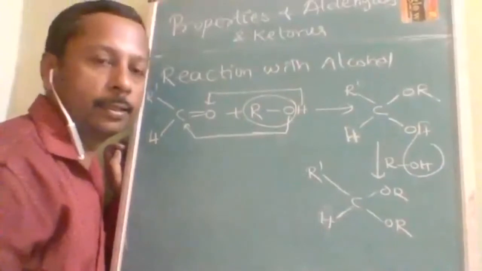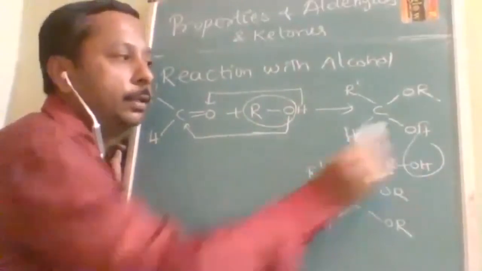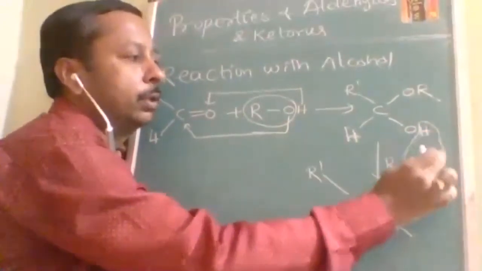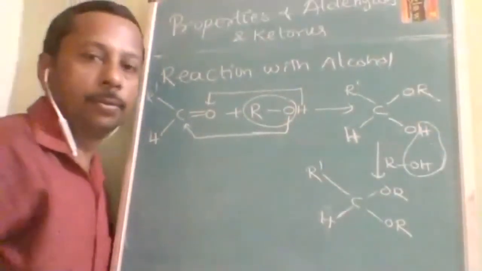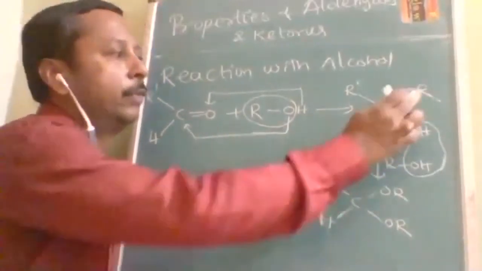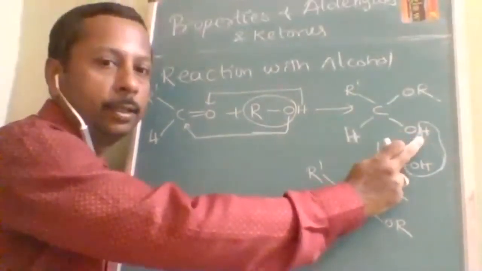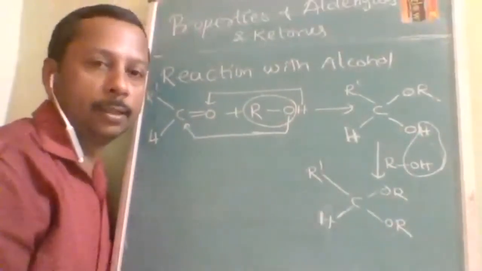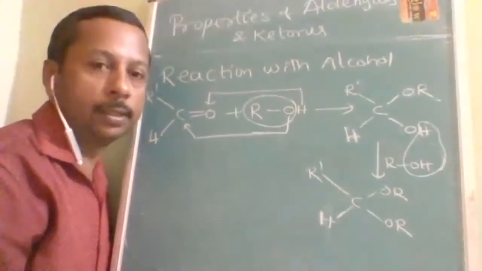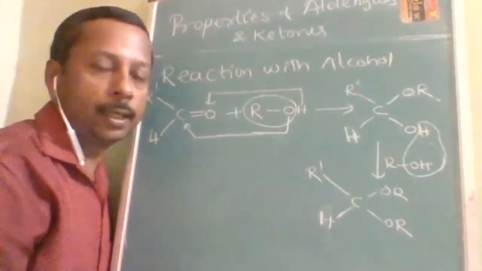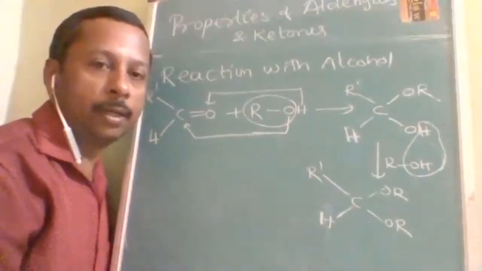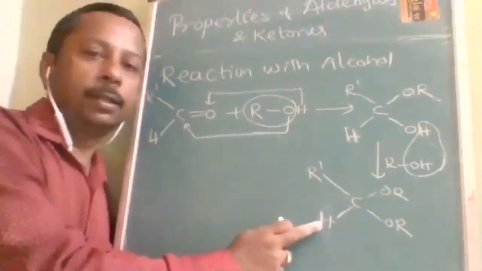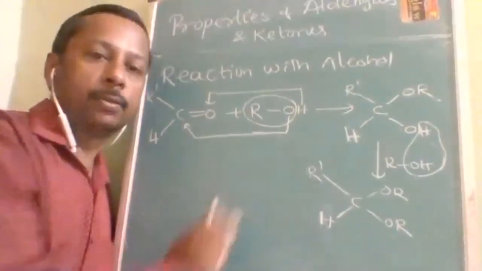Hemisphere, half sphere, like that; hemiacetal, or you can say semiacetal also, but in examinations mostly they use the word hemi. If one OH is left over, it is hemi. If no OH is left over, both are ethers. If two ethers are on the same carbon atom, it is called an acetal or ketal. If at least one hydrogen is on that carbon atom, it is called an acetal. If both are alkyl groups, it is called a ketal.